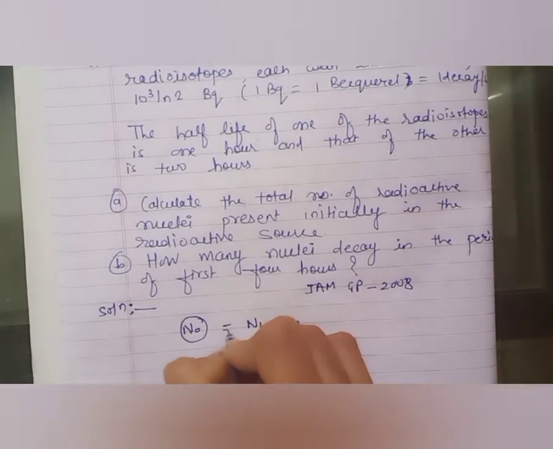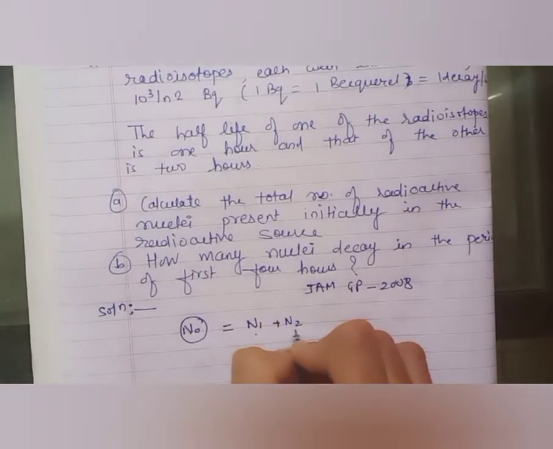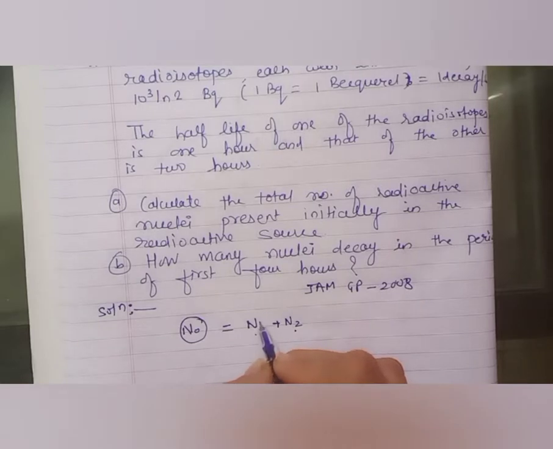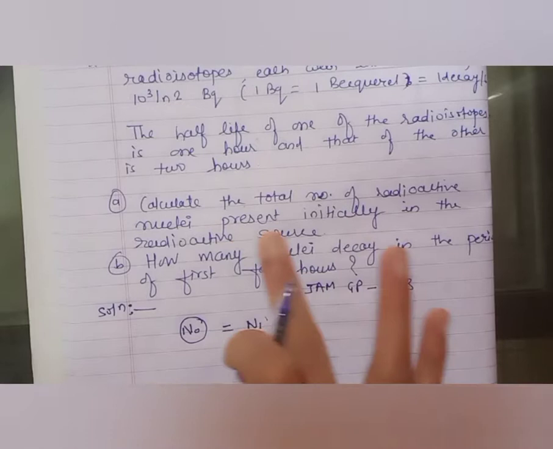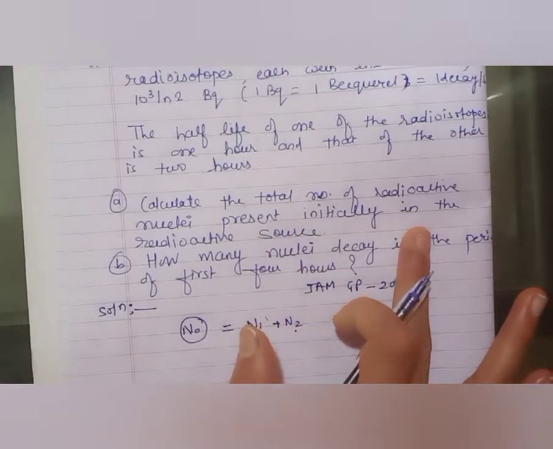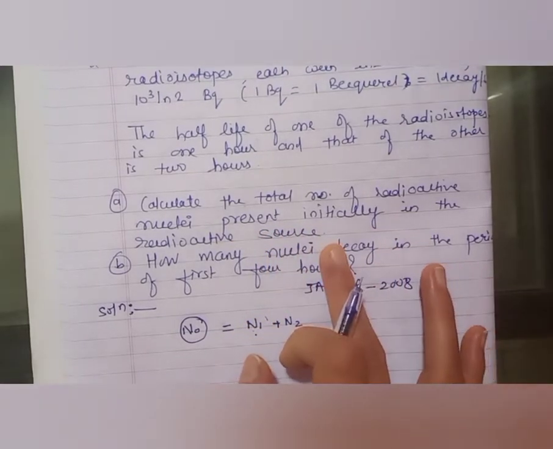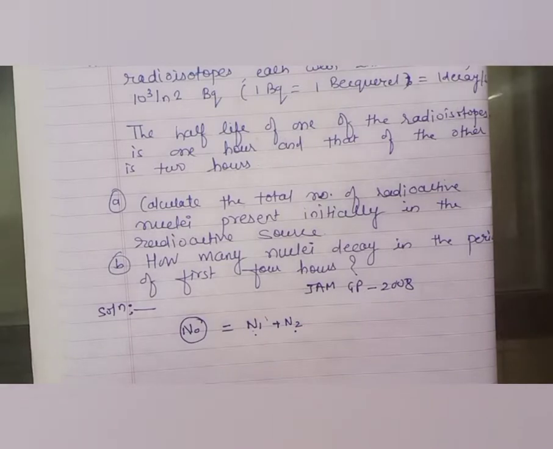So we want to find out N1 plus N2. So first we have to find out the initial number of nuclei in the first radioisotope, then in the second isotope. Add both, and you will get the total number of radioactive nuclei present initially in the radioactive source.